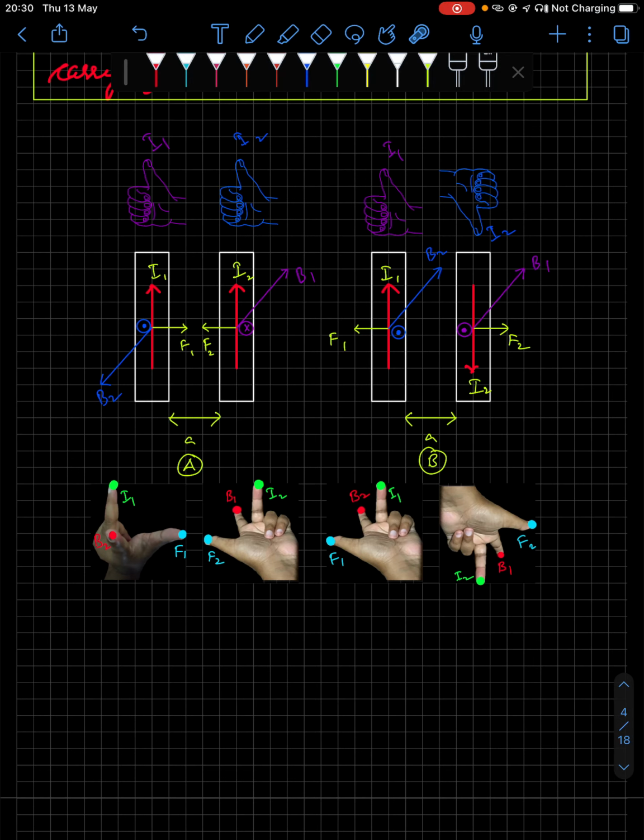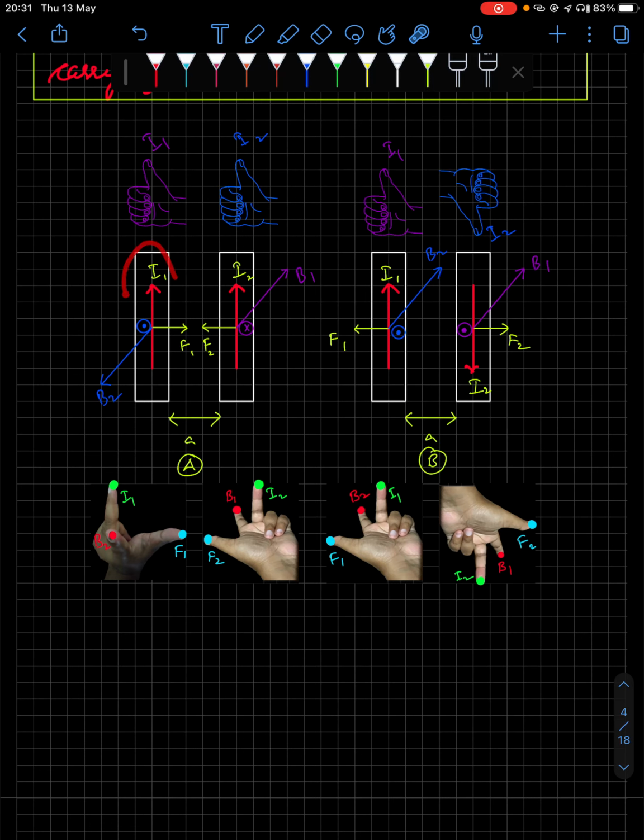For the second wire, the magnetic field B1 is inward the page. The index finger shows that the magnetic field is entering inside the page. The middle finger shows the current is in the upward direction. Then the force F2, represented by the thumb, is acting along the left.